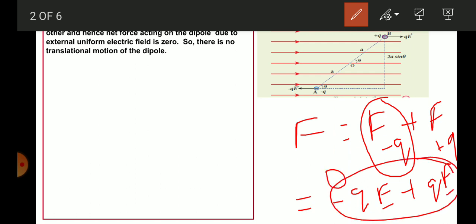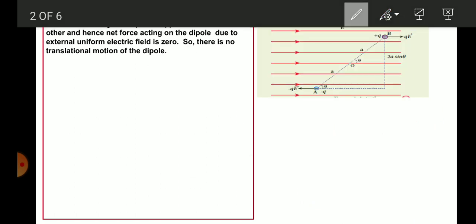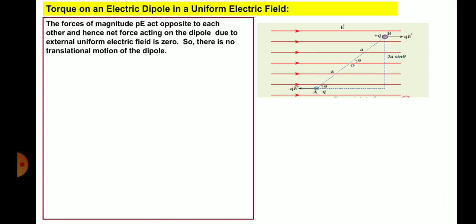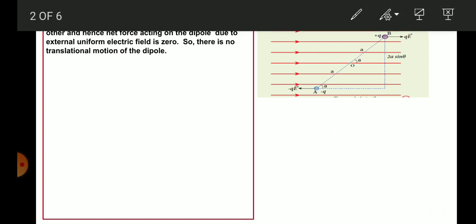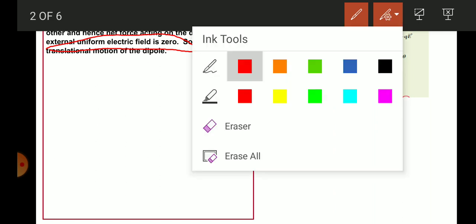So what do we understand? The net force acting on a dipole is 0. Now, what is the torque experienced by the dipole? Forces of magnitude qE act opposite to each other, so the net force acting on a dipole in an external uniform electric field is 0. That is what I told you. It will be asked for 1 mark.